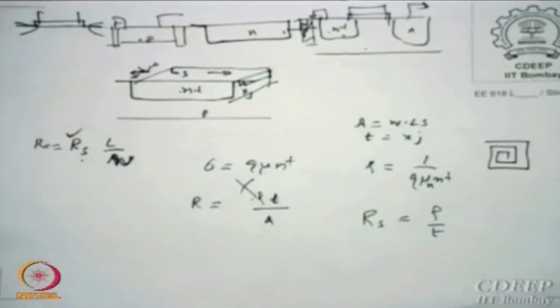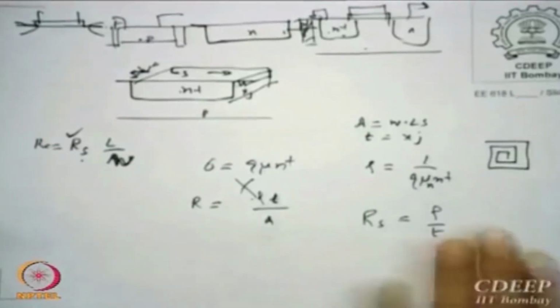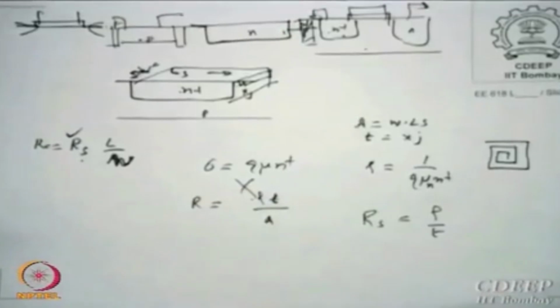If you see an RF circuit, 90% of the RF circuit area is because of the inductances. In an analog chip, except for the VCO where we will actually go to inductance, we will never use inductance anywhere.